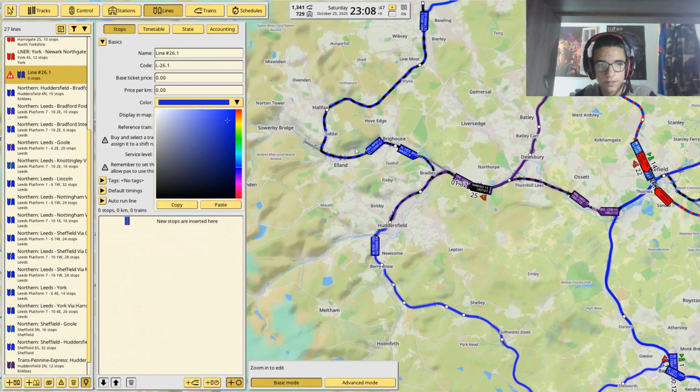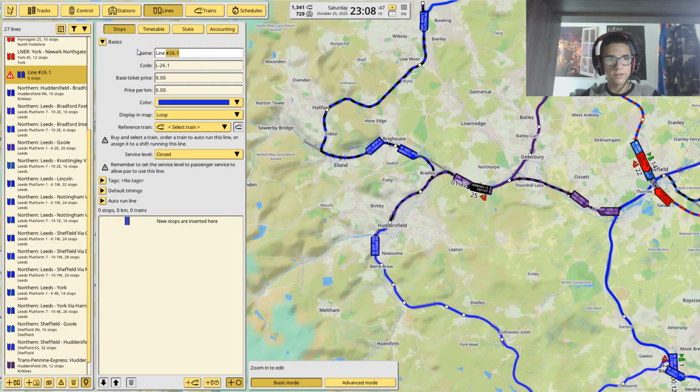Right, okay. So this is another unrealistic line we're creating here. Northern, Huddersfield to Mansfield, HDS to MNSD.